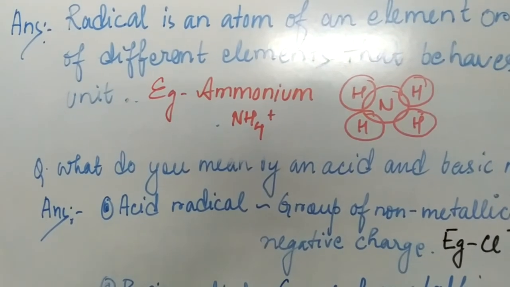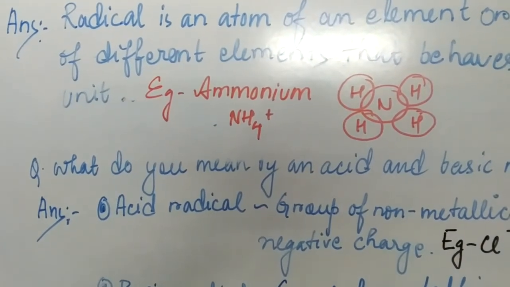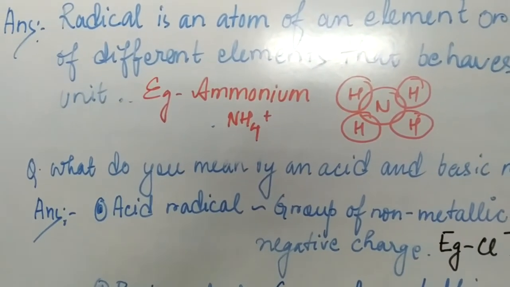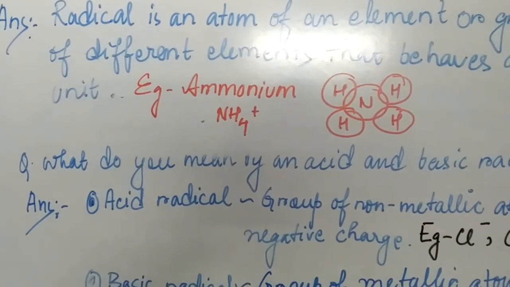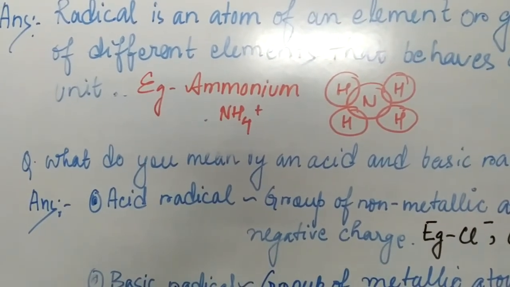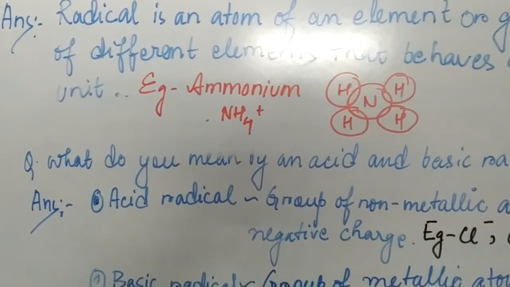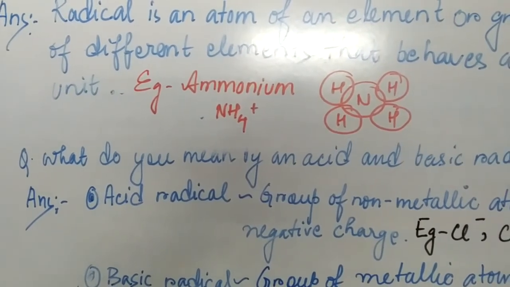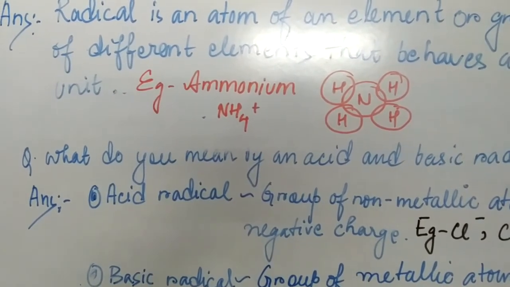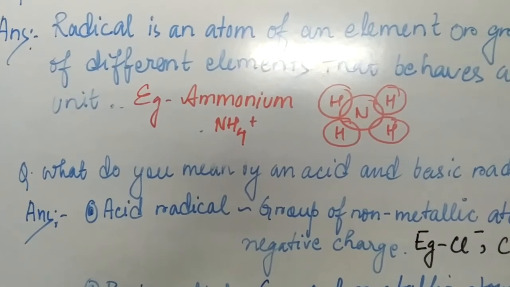Though it seems that different elements are combined together to form a compound, over here atoms of different elements are linked together, but they are behaving as a single unit.